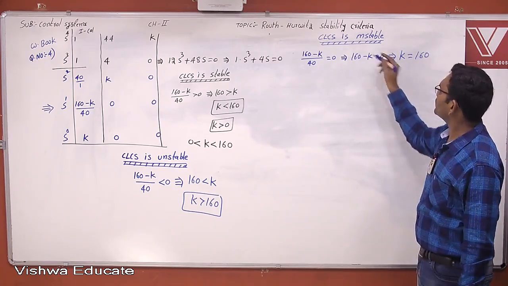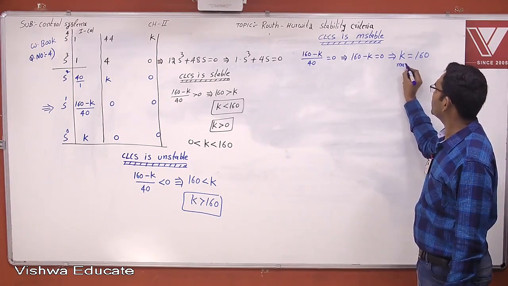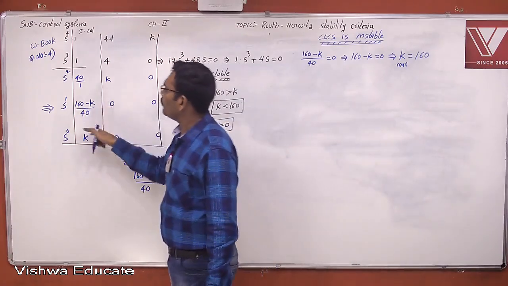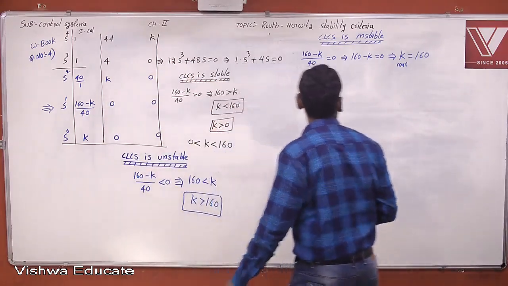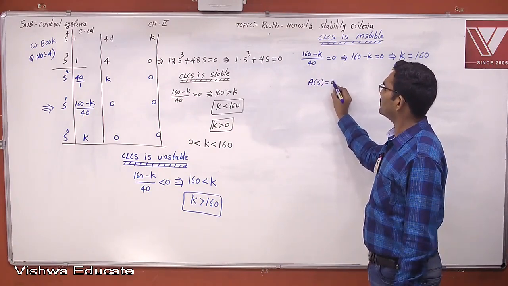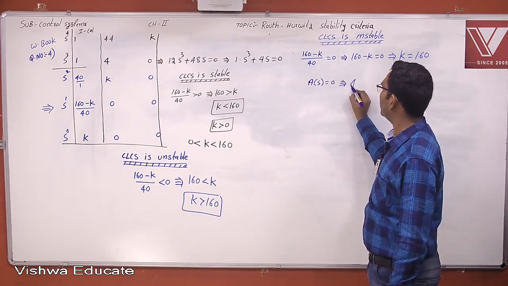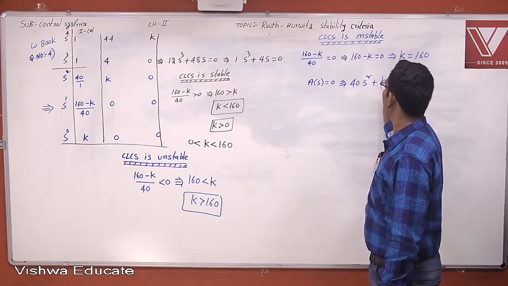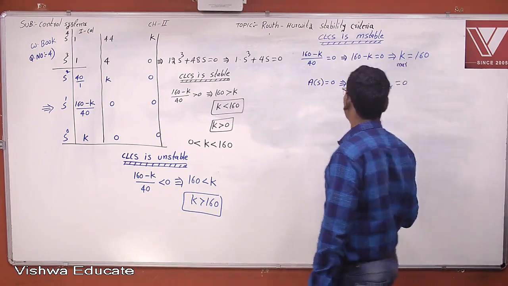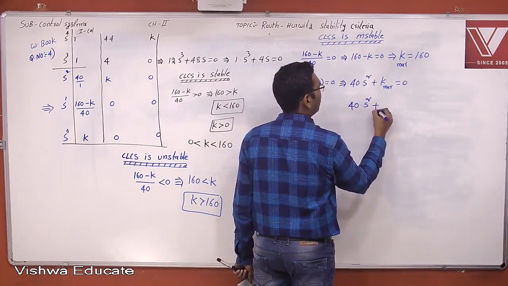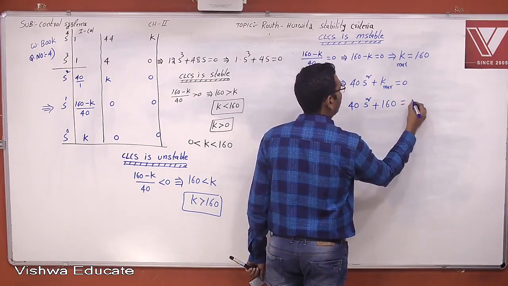When k equal to 160, this is marginally stable. Therefore, this is called the k margin. If k equal to 160, this complete row will become 0. Then what is the auxiliary equation? If k equal to 160, the auxiliary equation is nothing but the row above that, 40 s square plus k, where k is the k margin, equal to 0. Therefore, 40 s square plus 160 equal to 0.